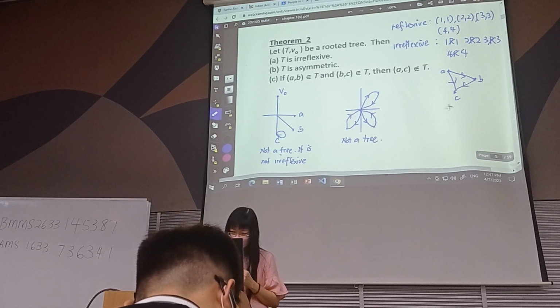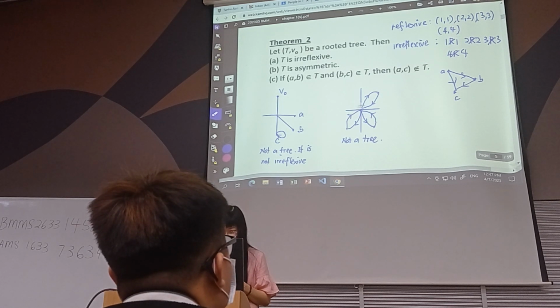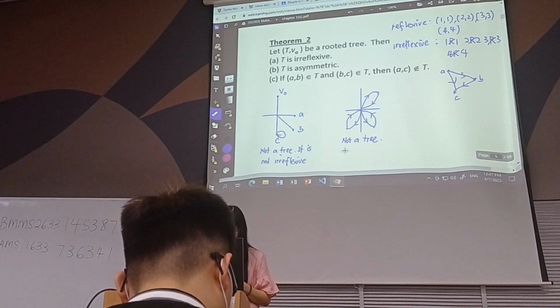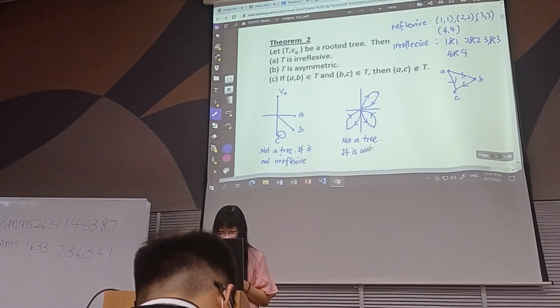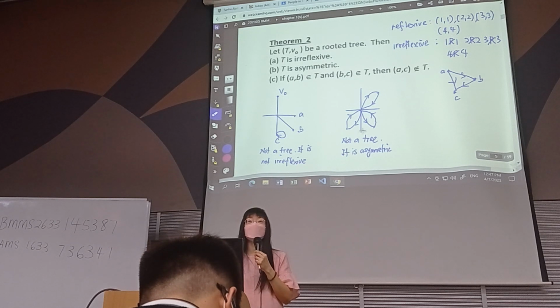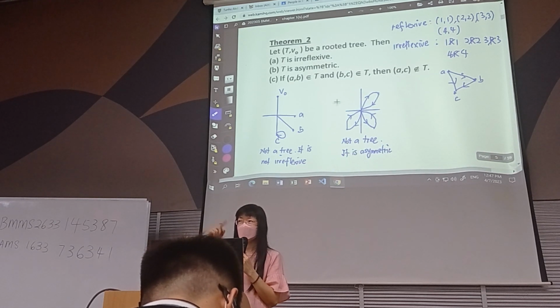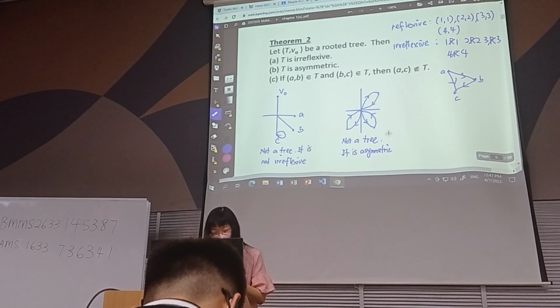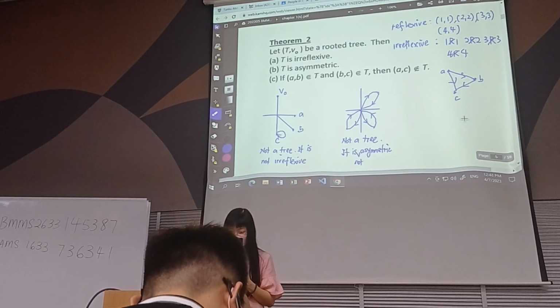Okay, the reason is it is not asymmetric, right? Because this is a two-way relation. So for the tree, it must be asymmetric, one way only. So if you have two ways, that means it is not asymmetric.